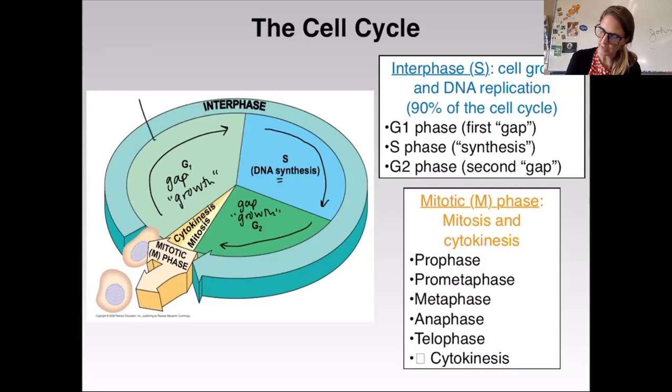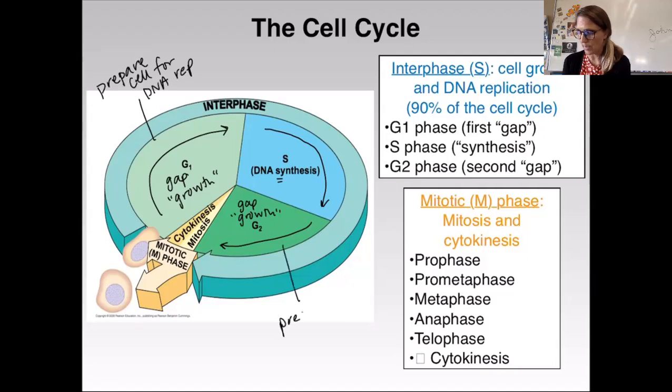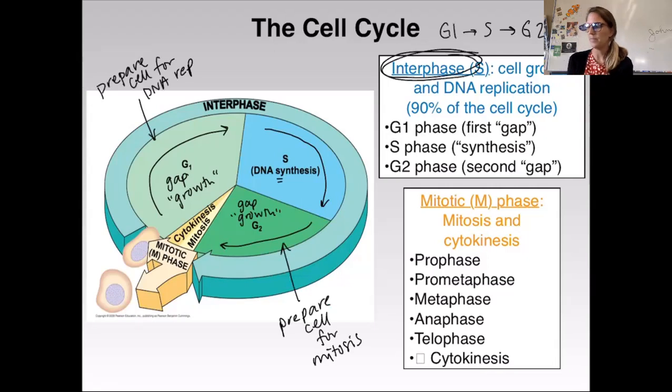G1 is really prepare the cell for DNA replication, right? G2 is really prepare the cell for mitosis, right? So it's kind of preparing, getting ready, giving the cell time to get ready for that. All together, G1 to S to G2 is called interphase, right?